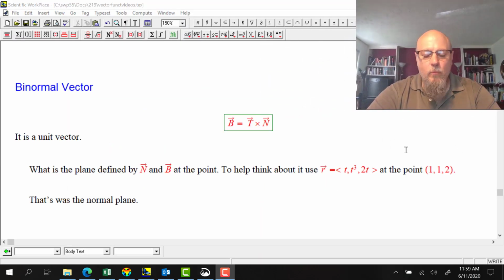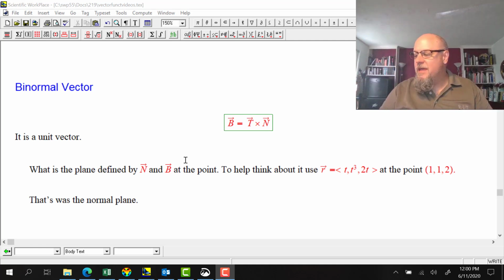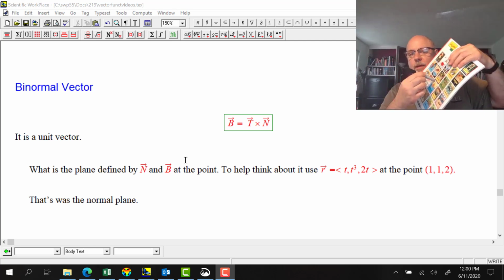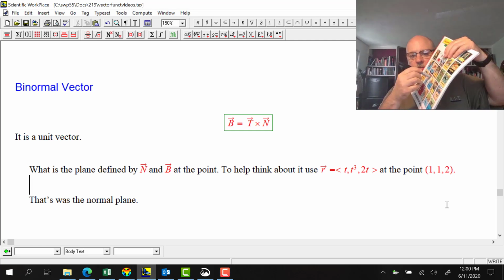So lastly, we have what we're going to call the normal plane. N and B define a plane at the point in the space curve. So the space curve pierces through the normal plane perpendicular, right? Because our tangent vector is normal to the plane, piercing through.